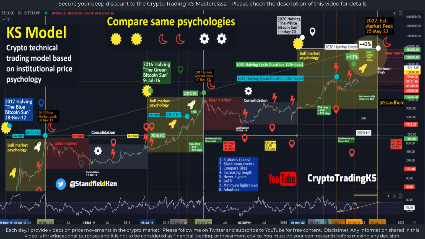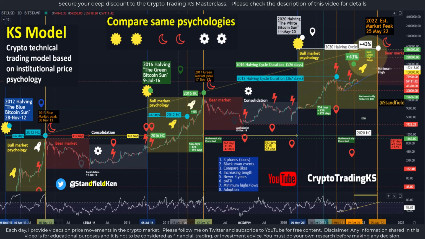The reason I actually wrote the Medium article 190 days ago was so many people were predicting the end of the bull market around October. And I just basically said, I don't think that is possible based on running the numbers. So I wanted to share that with the crypto community.